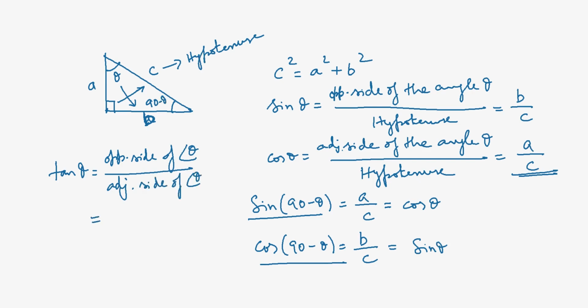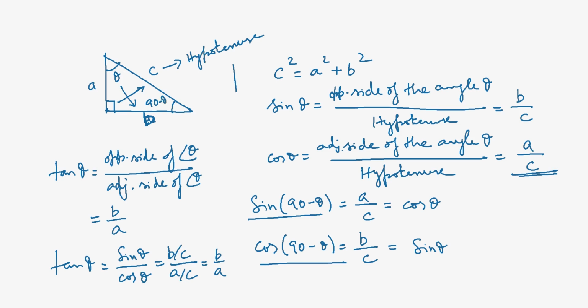That is going to be b by a. Also, the definition of tan theta is sine theta by cosine theta, which gives b by c divided by a by c, which is b by a.